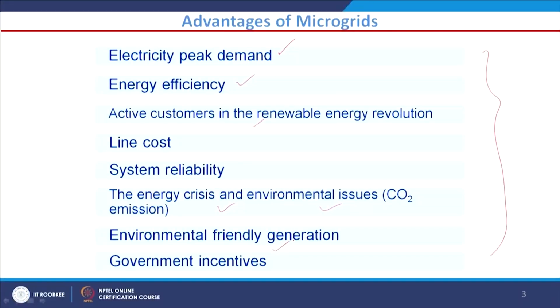So obviously carbon dioxide emission is one concern. To reduce that carbon dioxide emission, we have to generate more power from renewable sources like solar and wind systems. And these sources are environmentally friendly, because we do not have carbon dioxide emission, so it keeps the environment neat and clean.